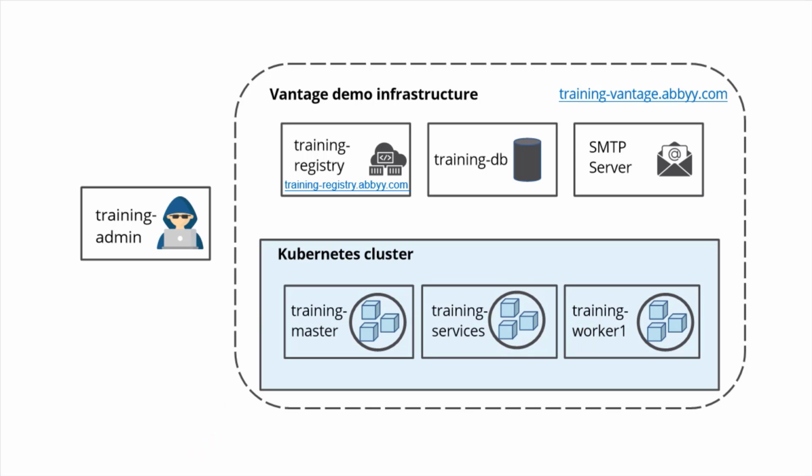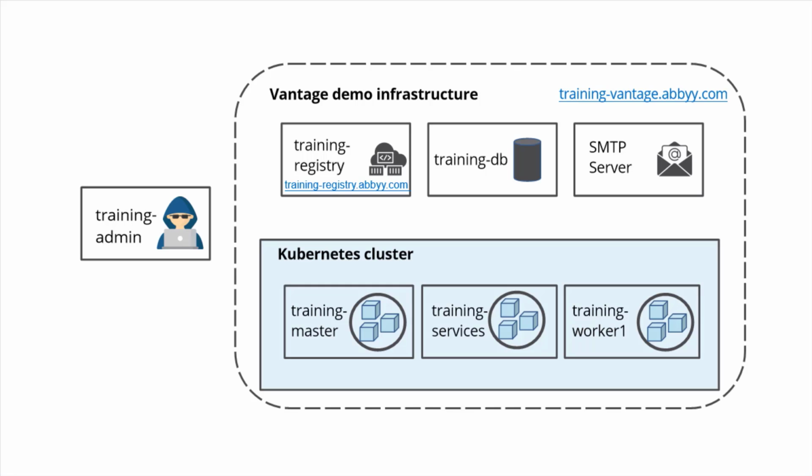Second, we have prepared beforehand the DNS record and SSL certificates for our container registry, which is training-registry.abby.com, and for the demo Vantage installation, training-vantage.abby.com. Also, we have prepared 2 static IP addresses, one for the Kubernetes cluster and one for Vantage.